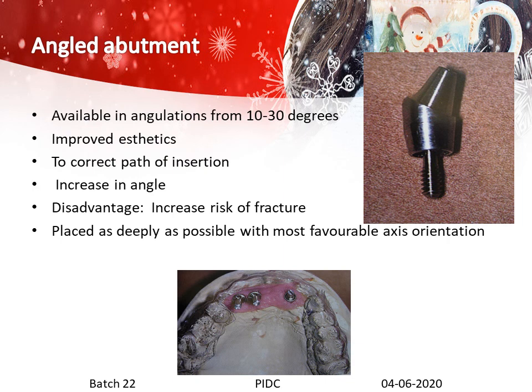It improves the aesthetics. Supposing there is a little deviation in your implant placement, this can help in correcting the path of insertion. The main disadvantage with increase in angle is that there is more risk of fracture, and it should be placed as deep as possible with a favorable axis of rotation.